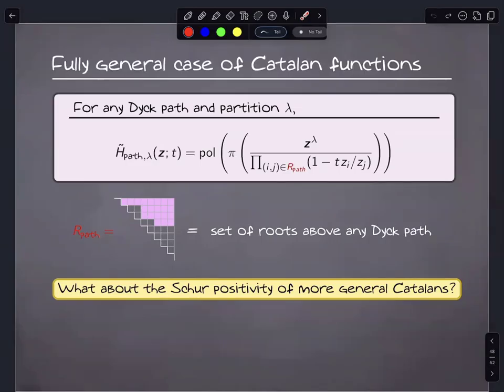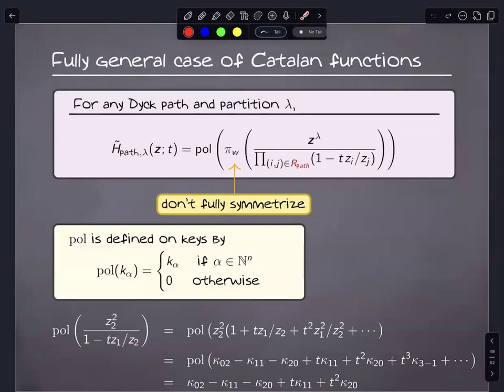But what we ended up doing to prove it was something that really inspired the work with the non-symmetric Macdonalds. And so just briefly, what we did was we went to a bigger set, kind of like the Knopp-Sahi idea. The Catalan function is that you use the Weil symmetrizer. But we started looking at not using the whole Weil symmetrizer, but just partially symmetrizing.